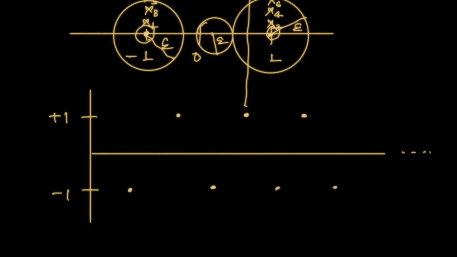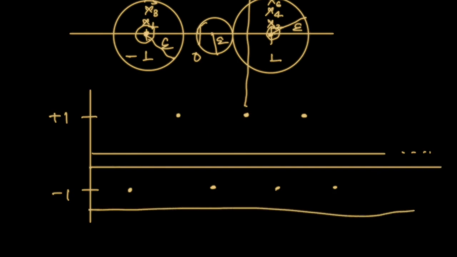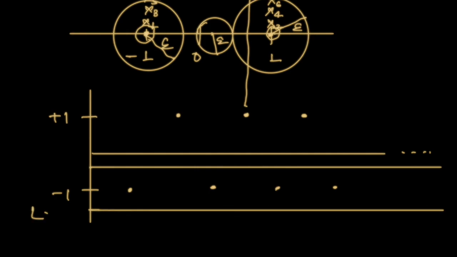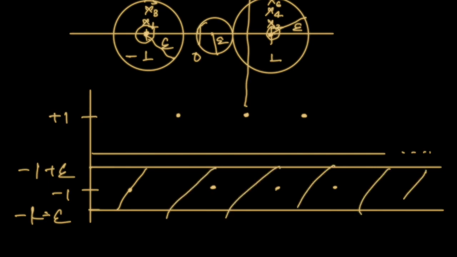And if you take an epsilon sufficiently small, suppose you want to claim that the limit is -1, so you take -1 minus epsilon and -1 plus epsilon, and you can see that there are infinitely many points, this will go on forever, which are outside this region.